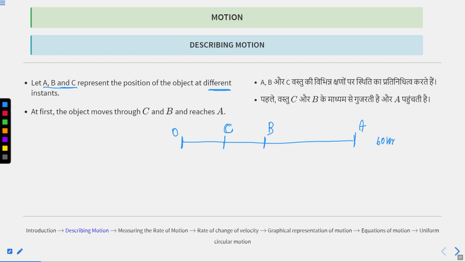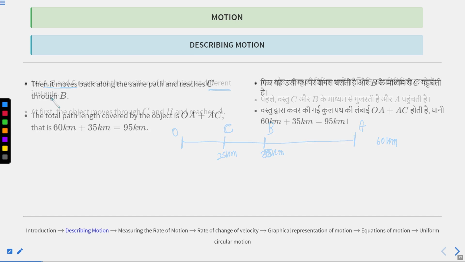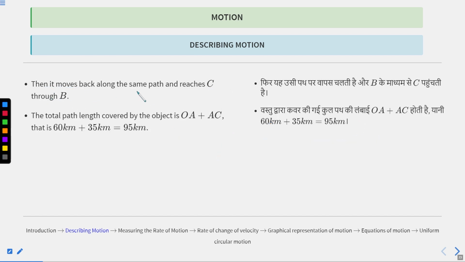A is 60 kilometers, C point is 25 kilometers, and B point is 35 kilometers. Clear, class? Then it moves backward along the same path and reaches C through B. So first you reach A, and then you move back and reach C point.